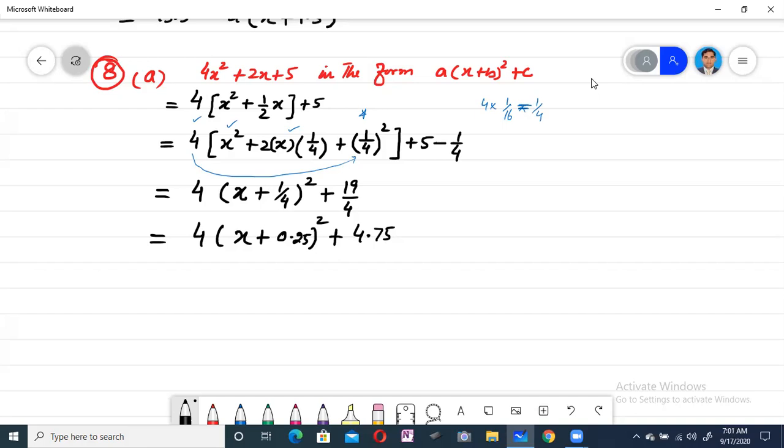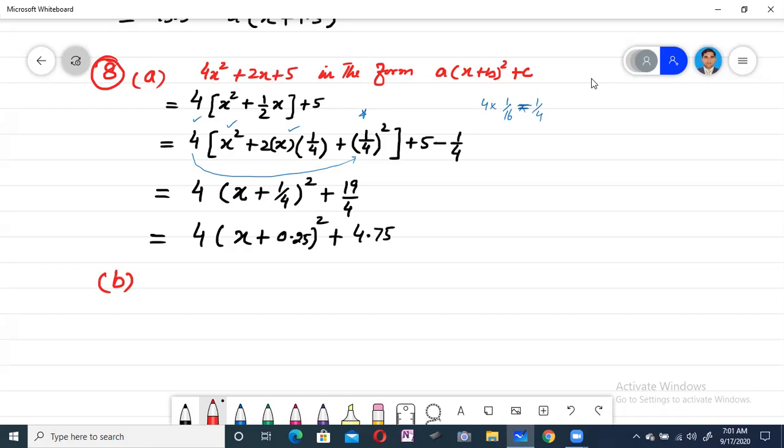This is the form a into x plus b whole square plus c. Then part B here is: does the function meet the x-axis? Explain your answer.